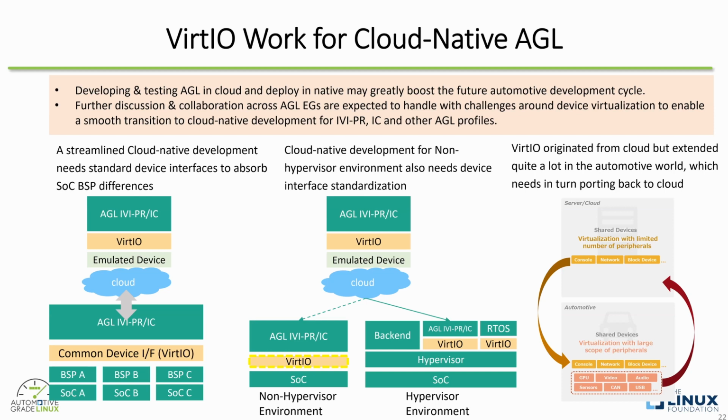So we believe with the activities in the Virt-EG, VirtIO is the best solution to handle these challenges. VirtIO originally came from the cloud, but we extended it quite a lot in the automotive world. So now it's time to port these properties back to the cloud to enable seamless development between cloud and native.